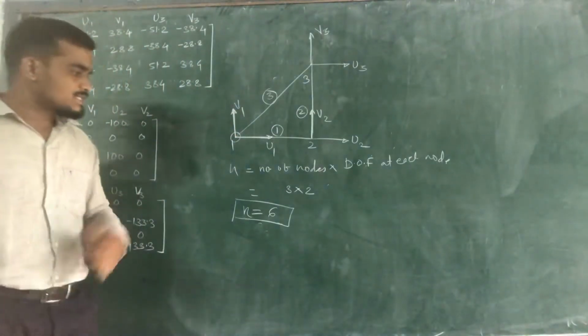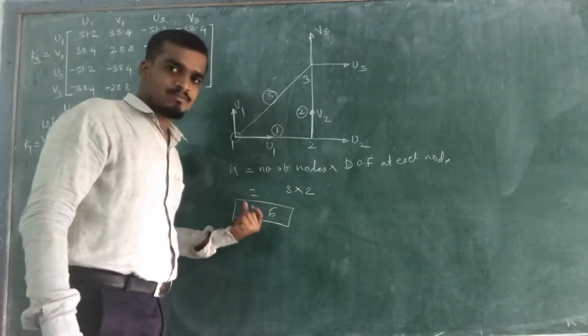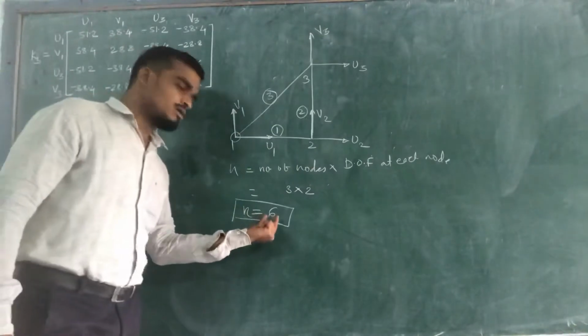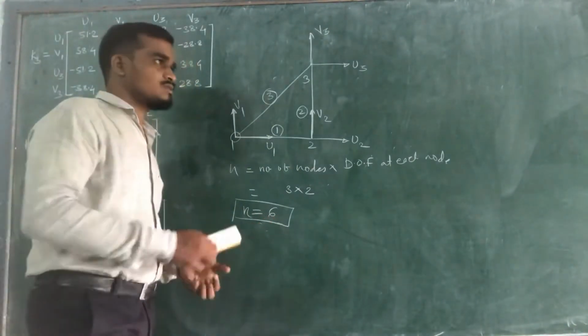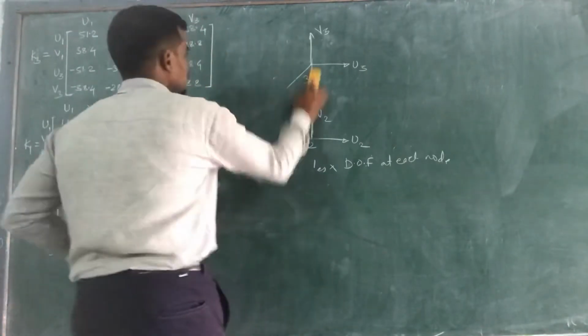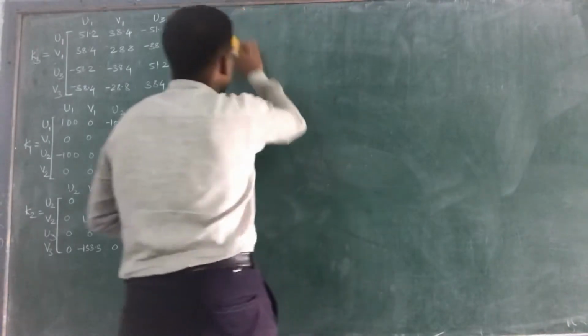Now next is what? Construct the global stiffness matrix of order 6 by 6 by using these 3 elemental stiffness matrices.